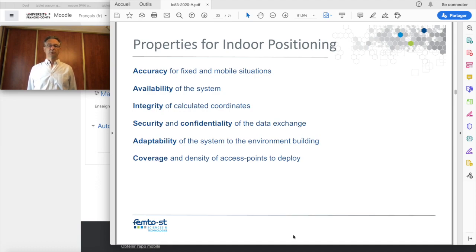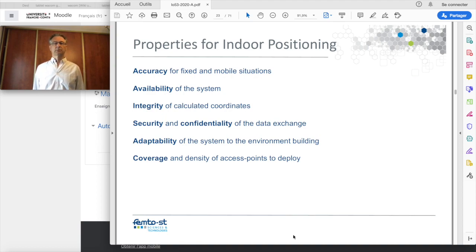We also need integrity in order to be sure about the coordinates in specific applications. We also need security on the authentication and confidentiality of the data exchanged, in order to protect the coordinates calculated in the system.